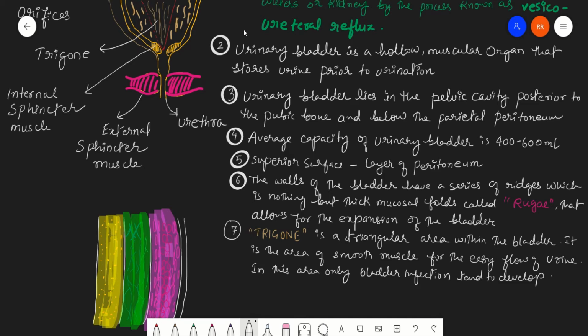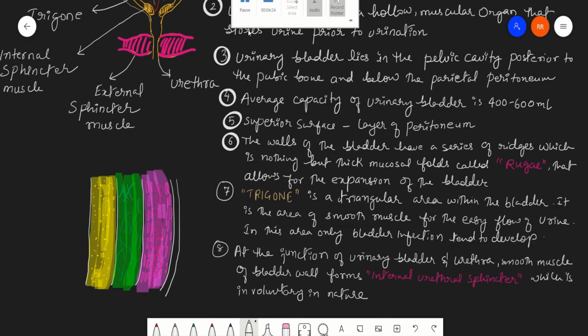Okay, the internal urethral sphincter, and generally this internal urethral sphincter is under involuntary control. And if we move further down, we find another sphincter known as the external sphincter muscle, and this is basically made up of skeletal muscle. So this sphincter is under voluntary control.